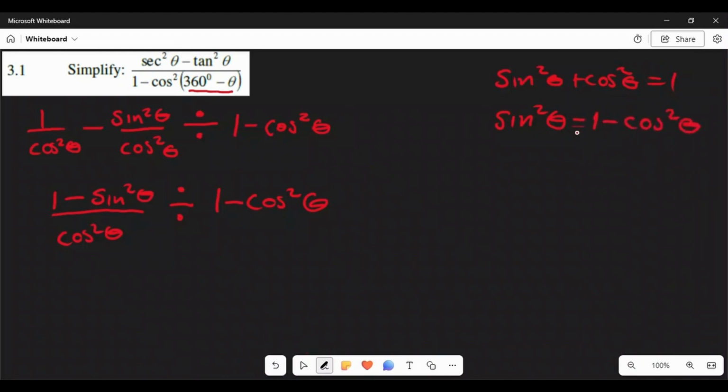Meaning that sine squared theta is equaling to 1 minus cos squared theta. Whenever we see 1 minus cos squared theta, we can substitute with sine squared theta. Do you guys see that? I hope you can see.